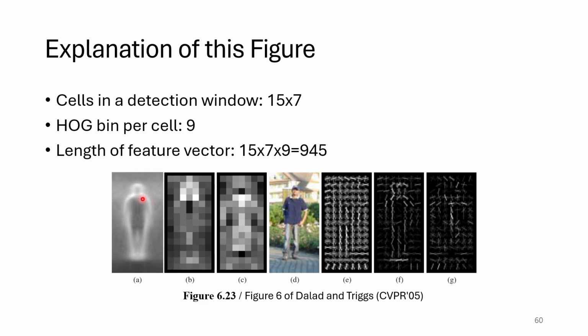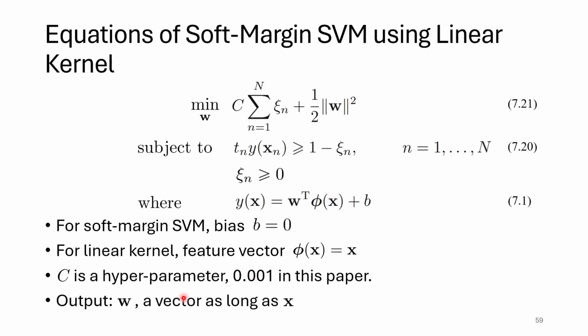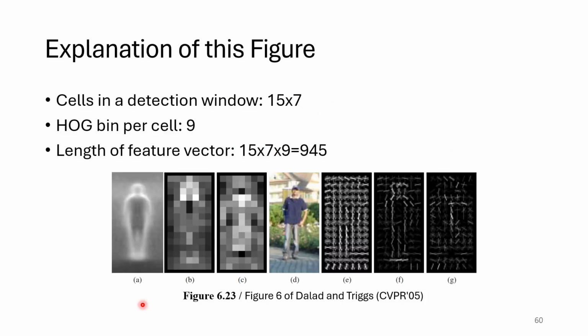This is the pattern. We can see there is a shape of the head, the shoulders, and the legs and feet. So this is the gradient feature they extract, and we will have a vector W, the weight vector, for each element in this gradient feature.